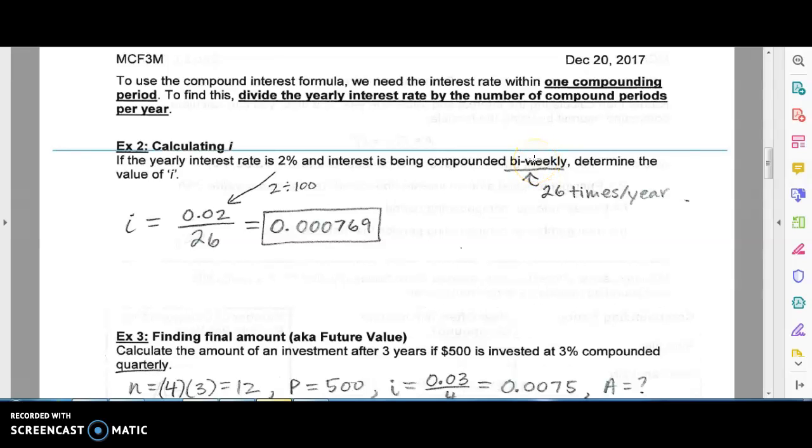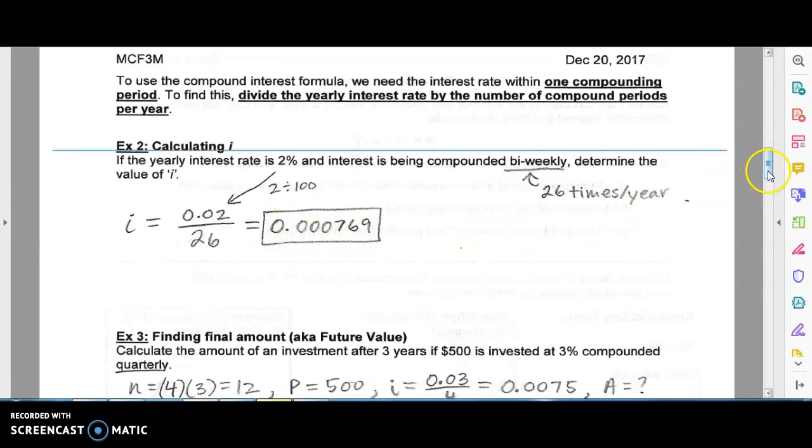You have to translate the compounding period into the number of times per year. So bi-weekly translates to 26 times a year. That's where that denominator comes from. So our I value is 0.02 divided by 26, which gives us 0.000769.